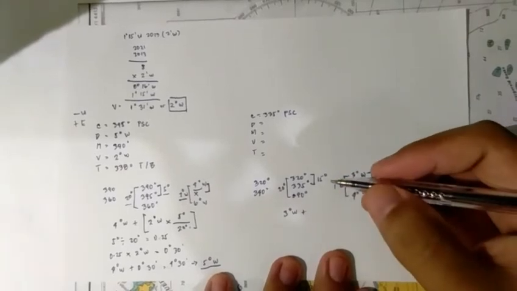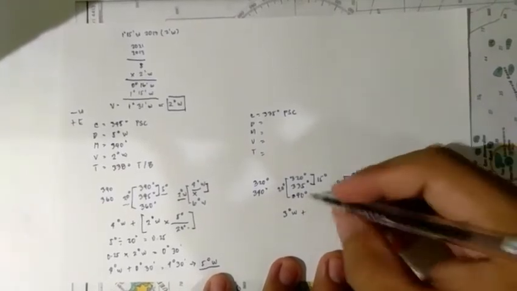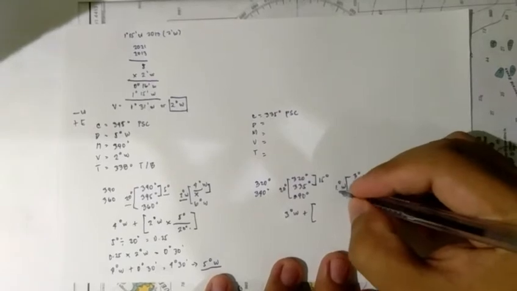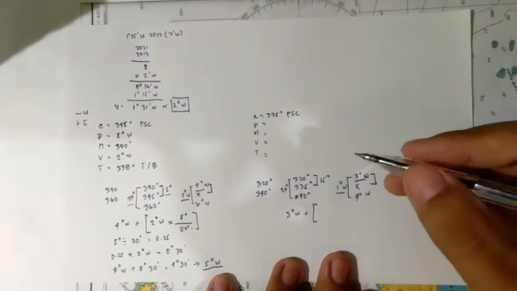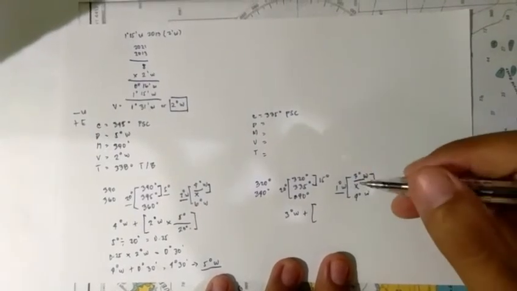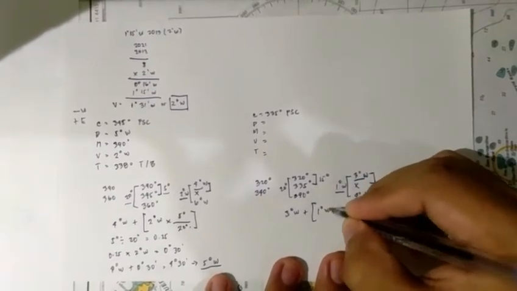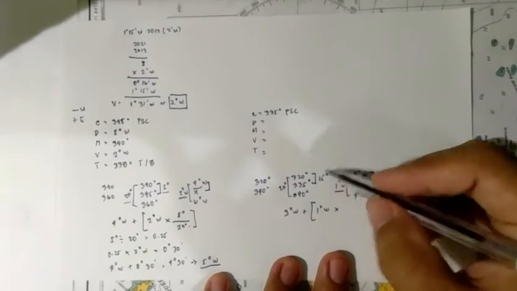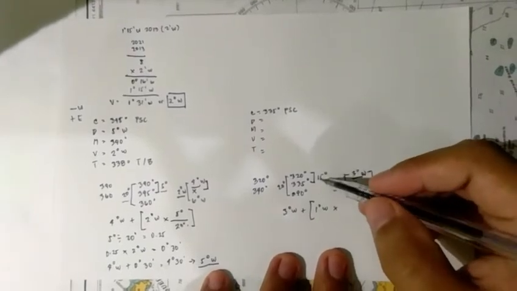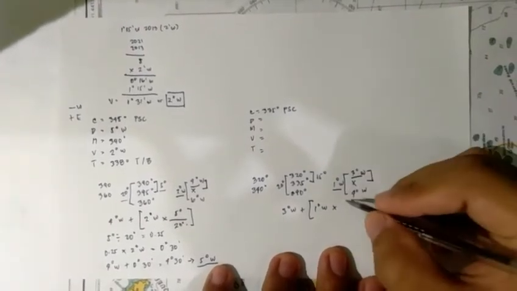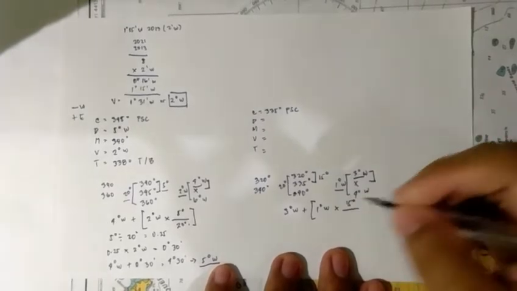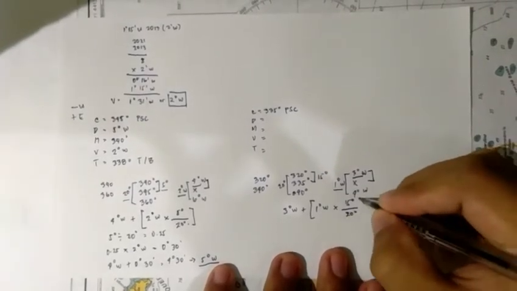added to this, which is the difference of the 4 degrees and 3 degrees, which is 1 degree west, multiplied by the difference of the compass heading, which is 15 degrees divided by the 20 degrees.